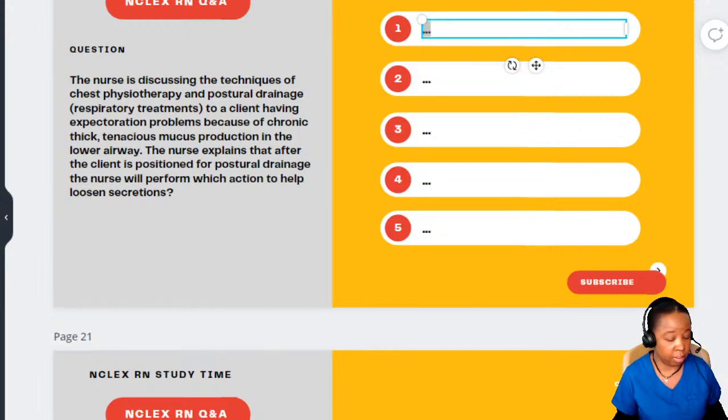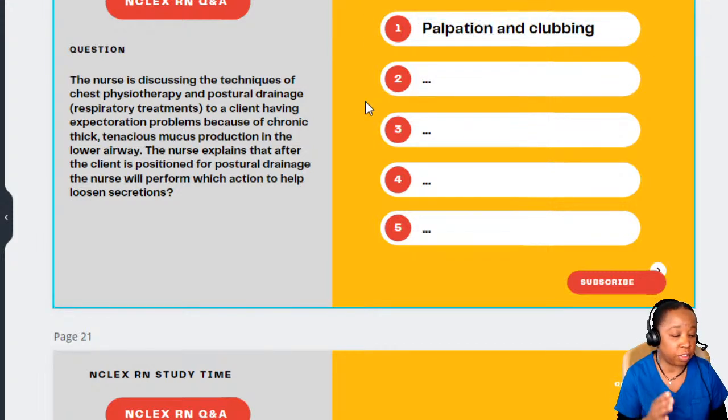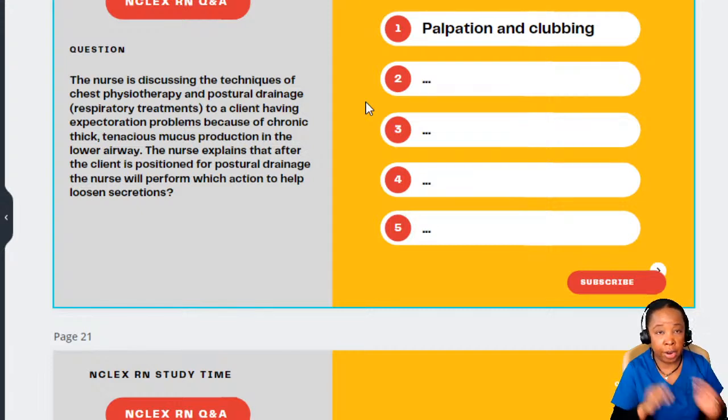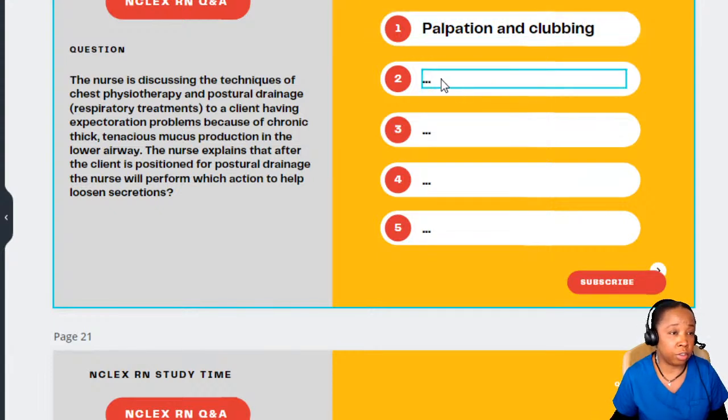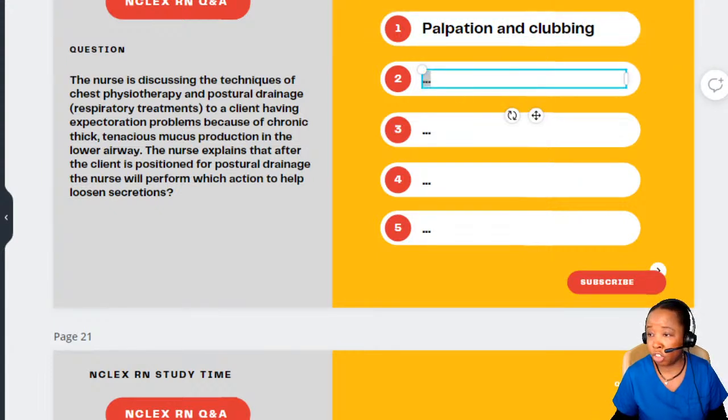The first one is palpation and clapping. Clapping is mostly like you're doing CPT. CPT is when you put your hand in a cup shape like this, and then you tap the patient's back, you tap the lung area. That will help you loosen the secretion. So that's the first choice.